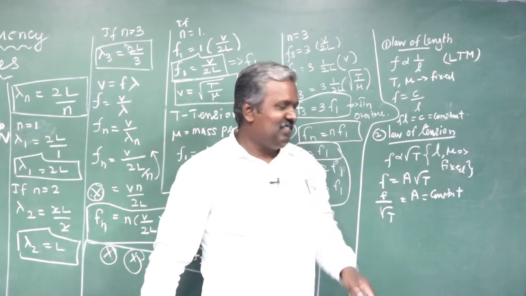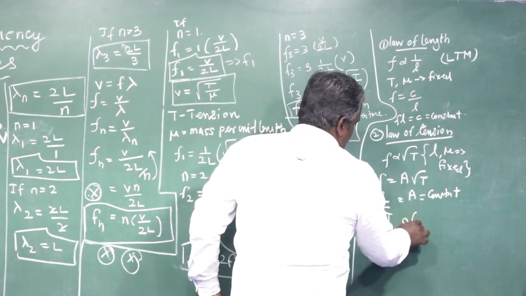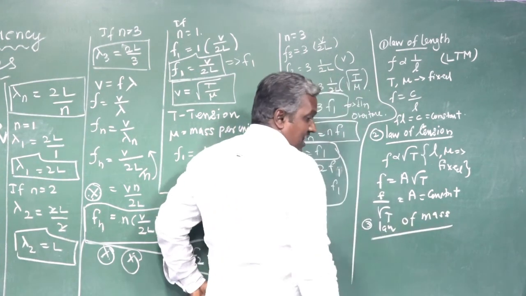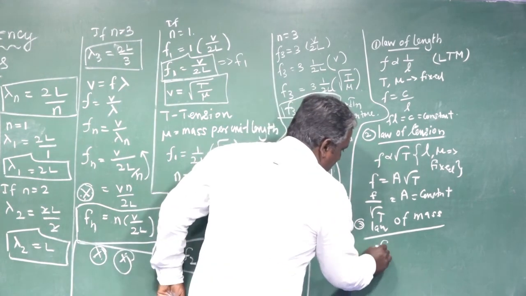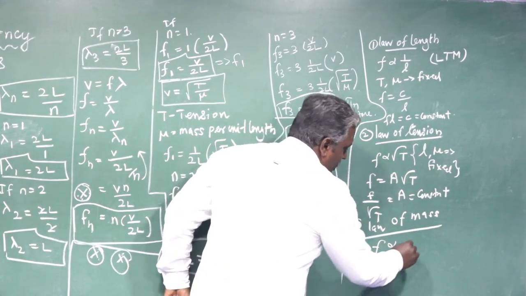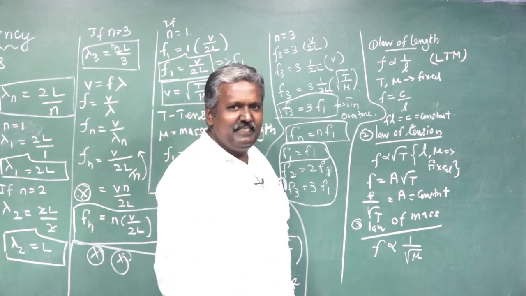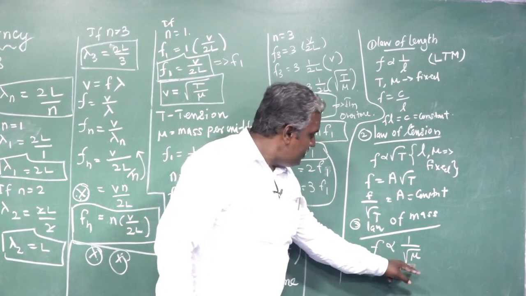So the law of mass. According to the law of mass, frequency proportional to 1 by root mu. What is the meaning of this? Which symbols are absent here?